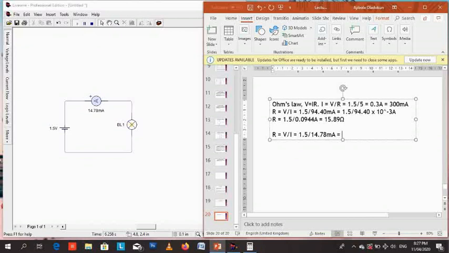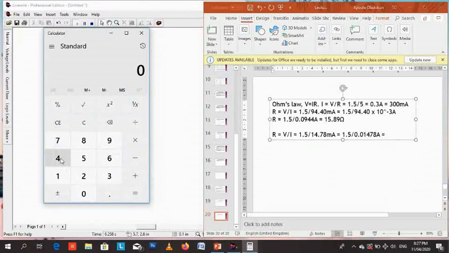So using Ohm's law, R equals V over I as usual. 1.5 divided by 14.78 milliamps. We've said milli is 10 raised to power minus 3, so that would be 0.01478 amps, just like we did for the filament lamp earlier.